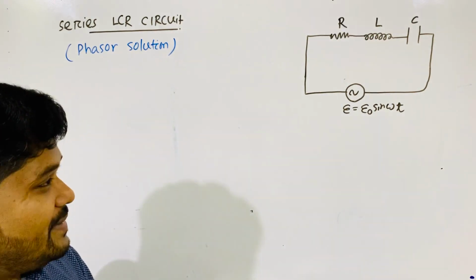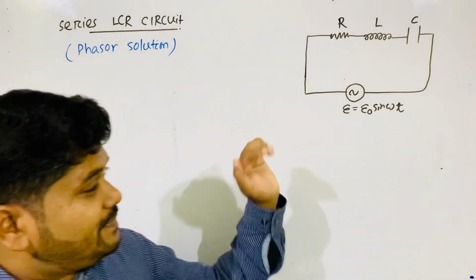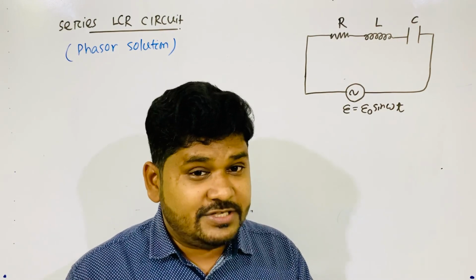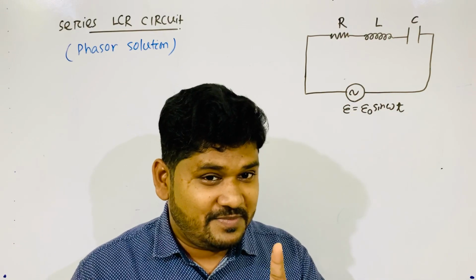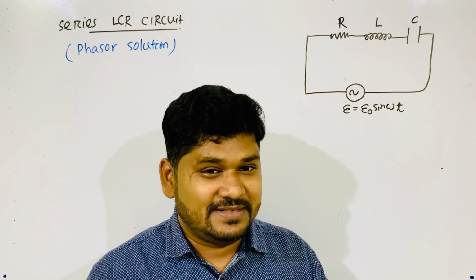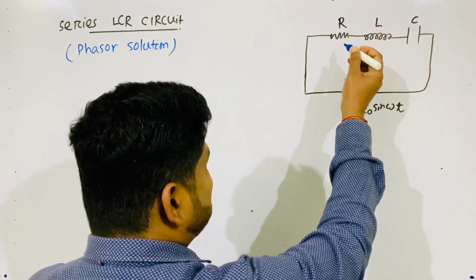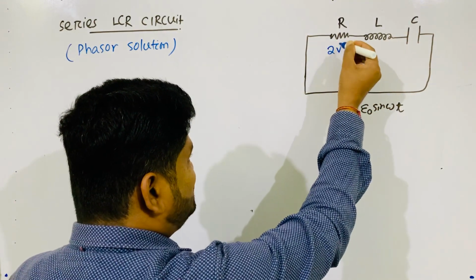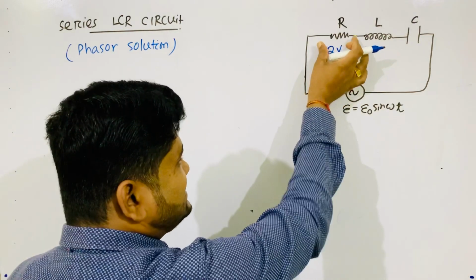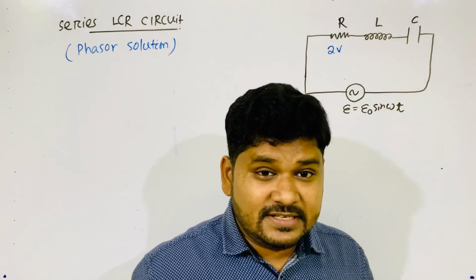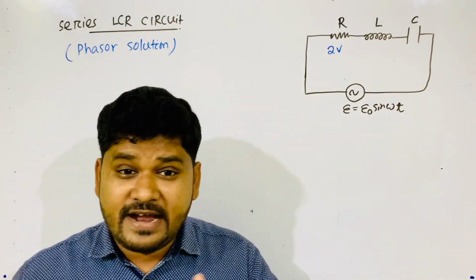Now, before going to the phasor solution, I want to ask you one question here. Suppose the voltage of this R is 2 volts. All are connected in series connection. Series connection means voltage divides.